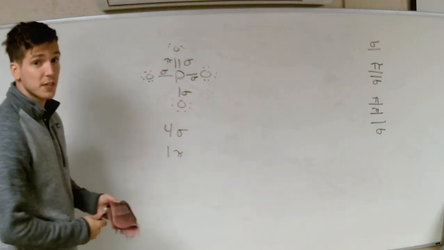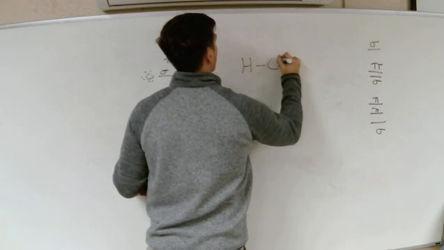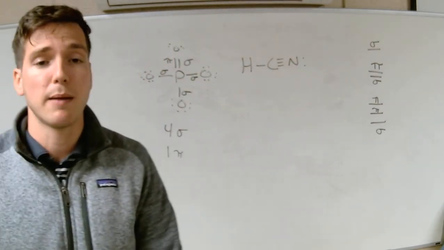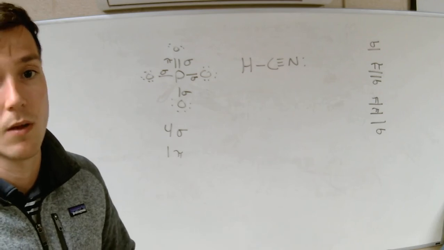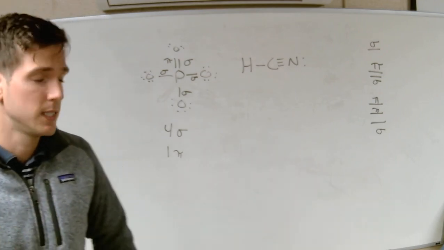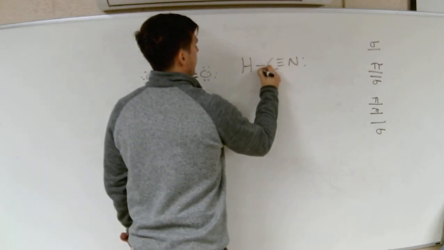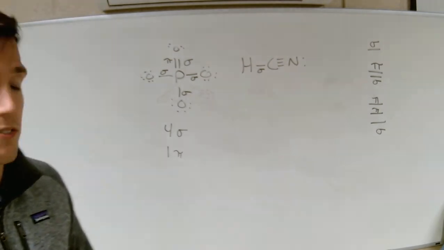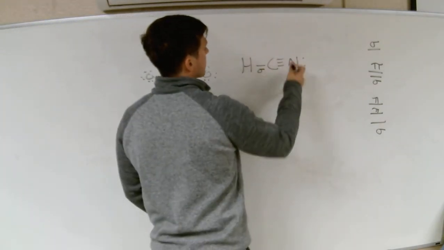Let's go to another example. HCN. How many sigma bonds and pi bonds are in HCN? Okay. I'm looking at the domains. I have 2 domains here. Any single bond is a sigma bond, right? Because the first bond in a domain is a sigma bond. And for this triple bond, it doesn't matter which one.